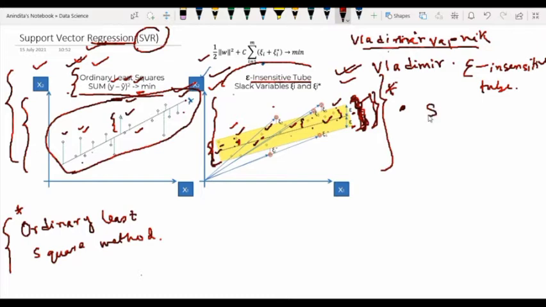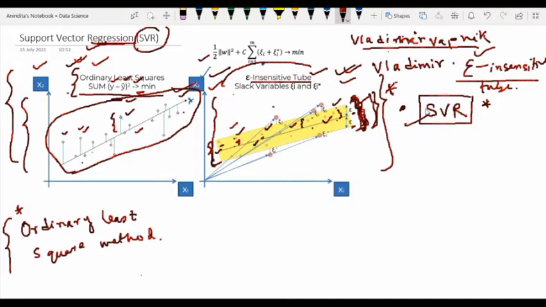This is the primary factor, or you can say the key factor behind this SVR concept. This is the epsilon insensitive tube concept, and whatever falls inside the epsilon insensitive tube, that error is not considered.